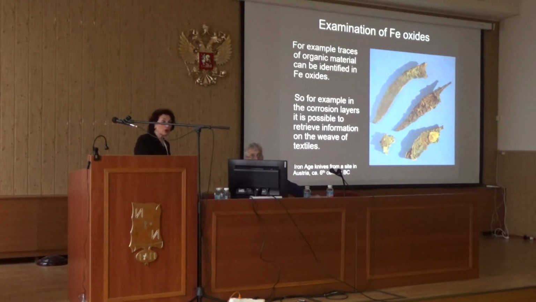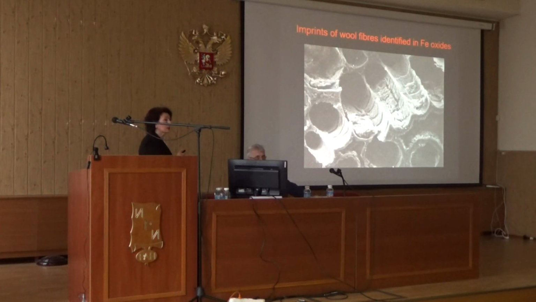So we wanted to know which kind of textiles these were. And this is the picture I got on the scanning electron microscope. You can see the structure of wool fibers. So we knew that the textile was made of wool.